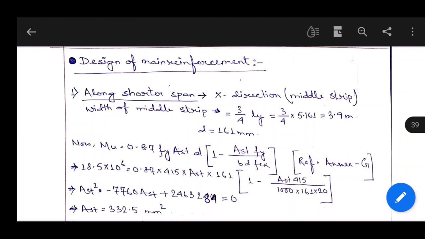So in this equation, our known values are Mu, the moment, that is our known value, and fy, the grade of steel, the yield strength of steel, is our known value.